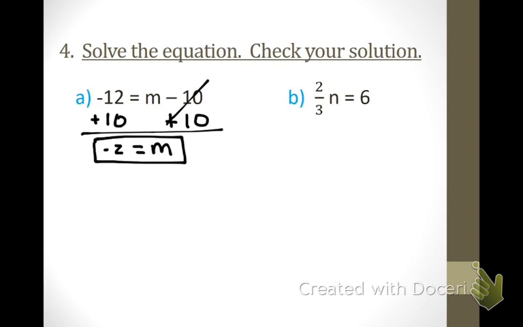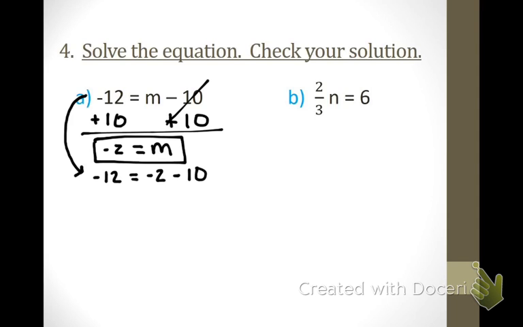It asks us to solve the equation, then it says check your solution. So go ahead and check it for me. You want to rewrite the original equation. So I'm going to bring this down right here. Good job.